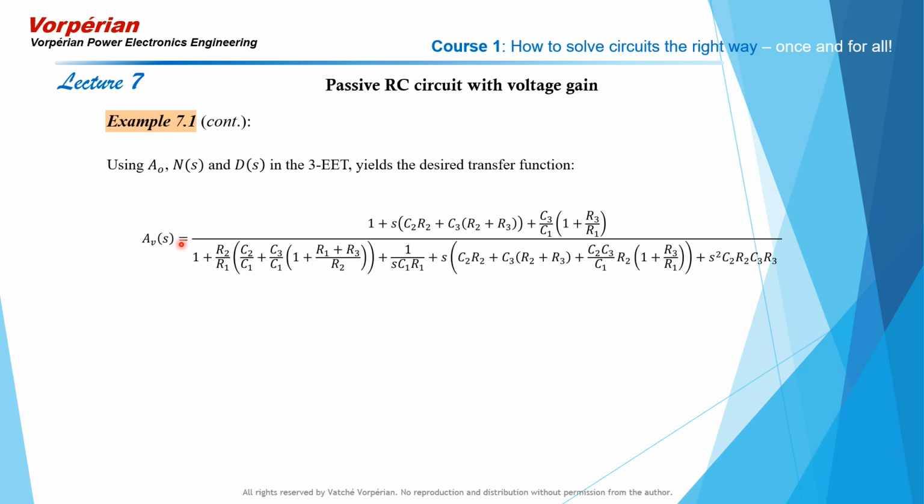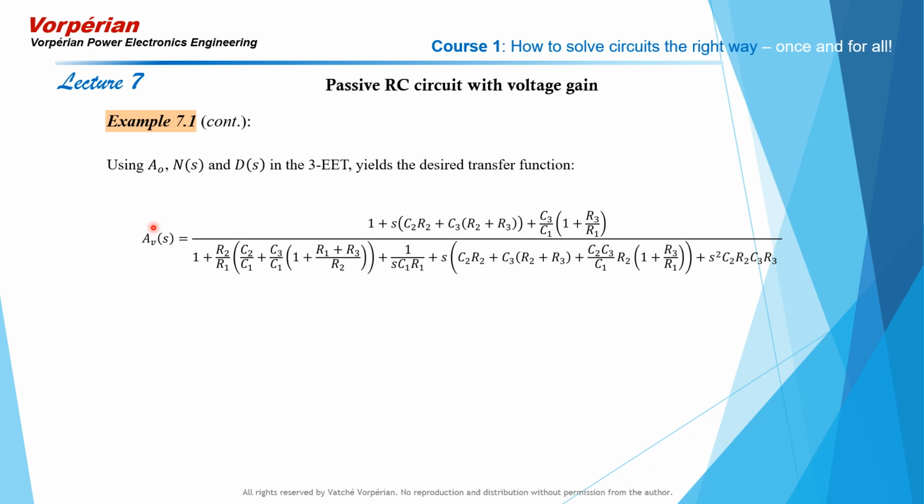This is a bandpass type transfer function because we see that at high frequencies the S squared term in the denominator dominates while the S term in the numerator dominates, and hence the overall transfer function goes as 1 over S. It rolls off as 1 over F at high frequencies.